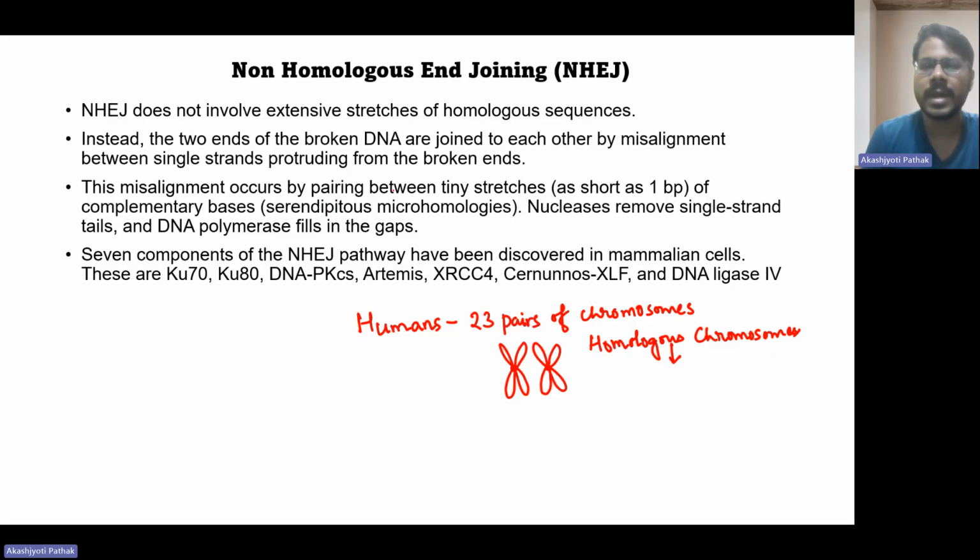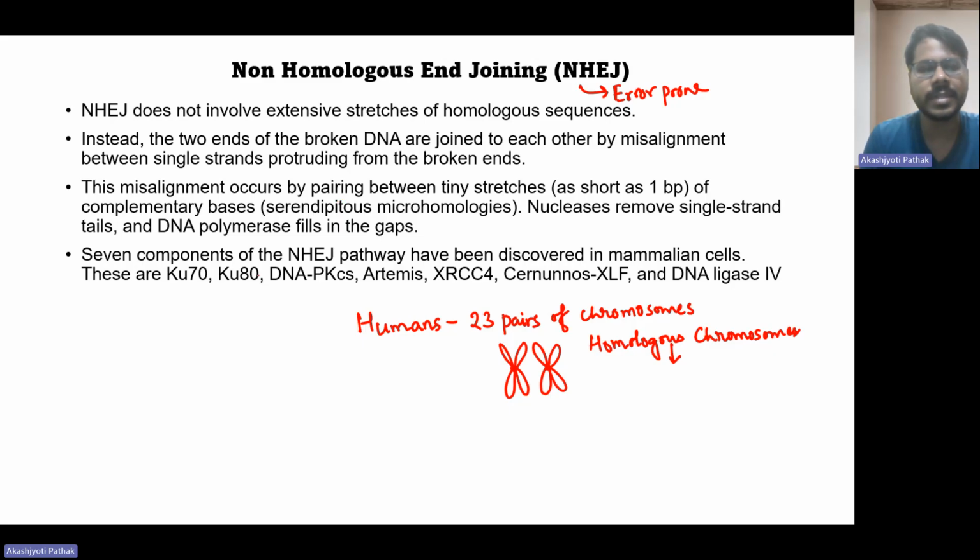So what is happening in non-homologous end joining? It will lead to errors; it is error prone, because alignment is taking place randomly between any sequences. If it finds any region which is complementary to that broken end, it will use it as a template, and the new sequence will be generated.